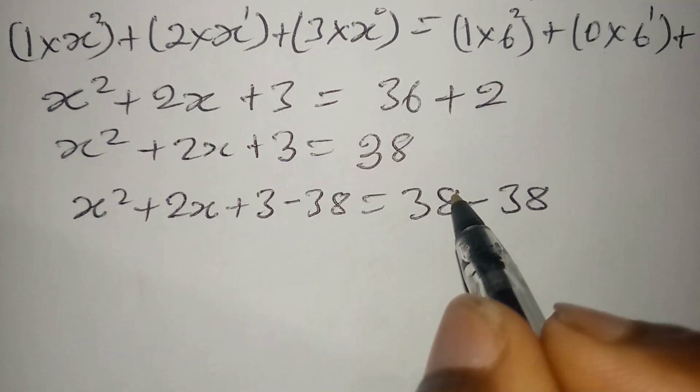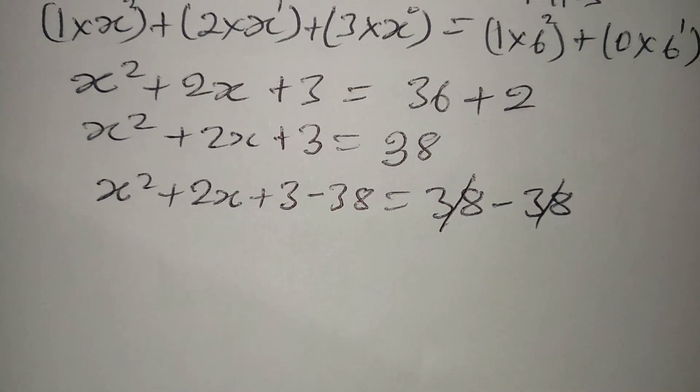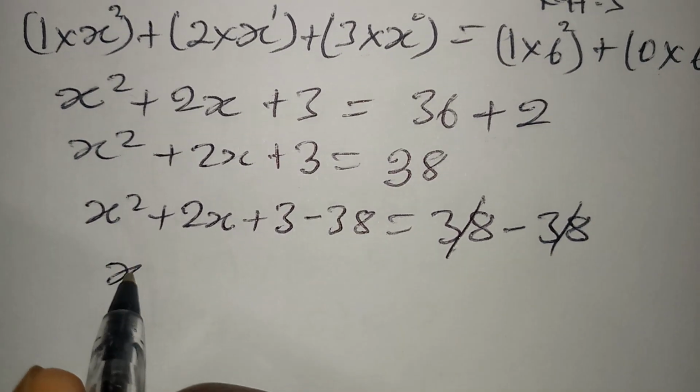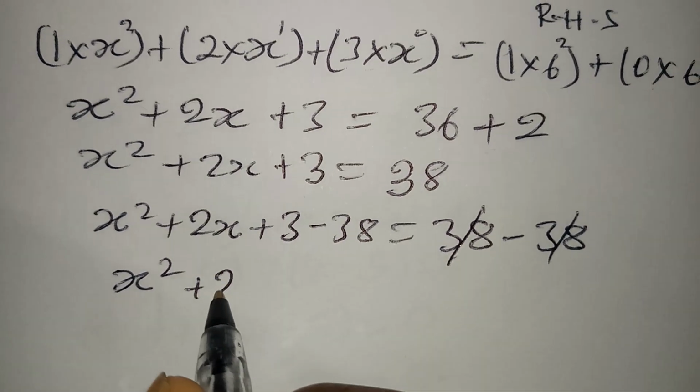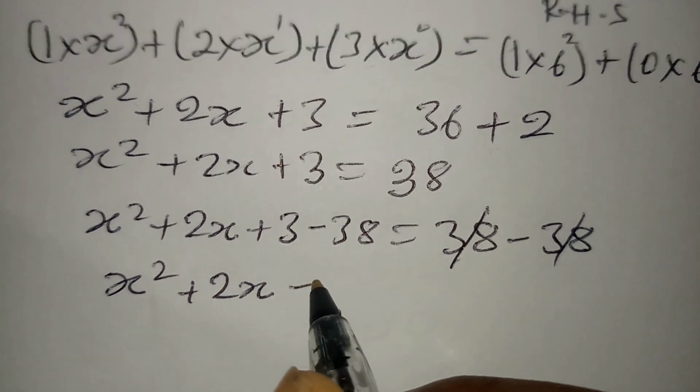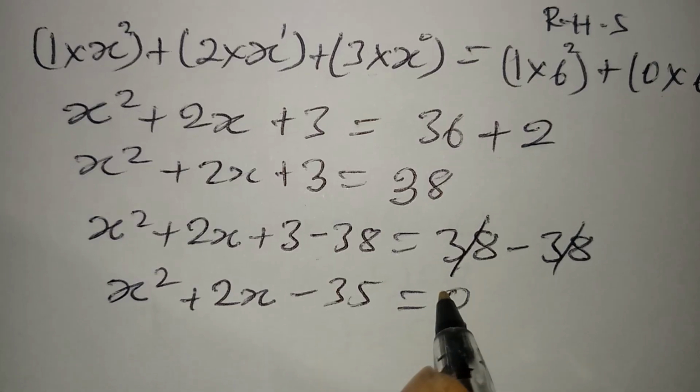You realize that on the right hand side, this will go to 0. Now we have x squared plus 2x minus 35, which must be equated to 0.